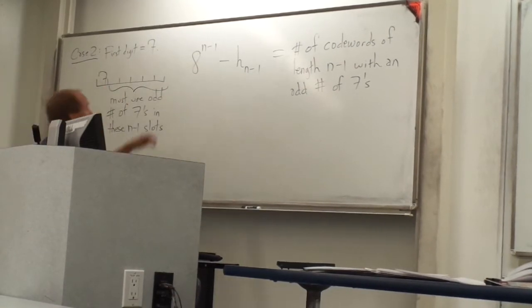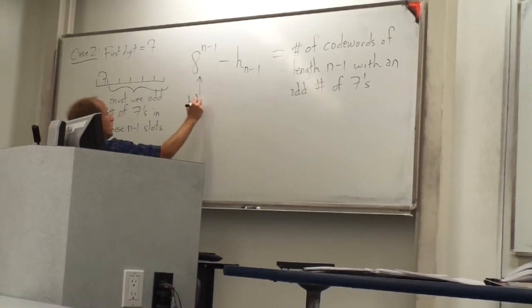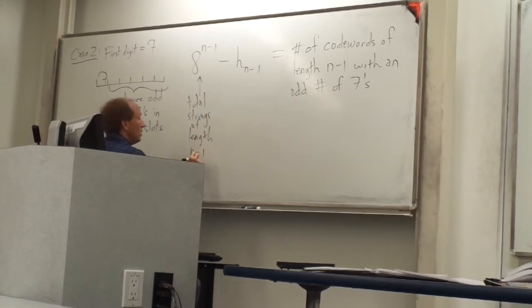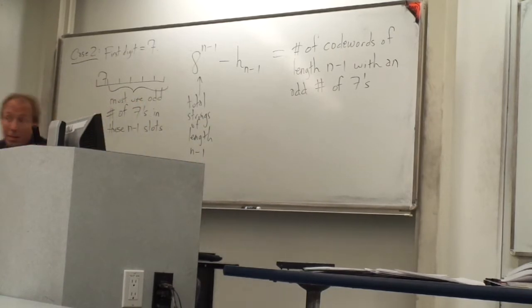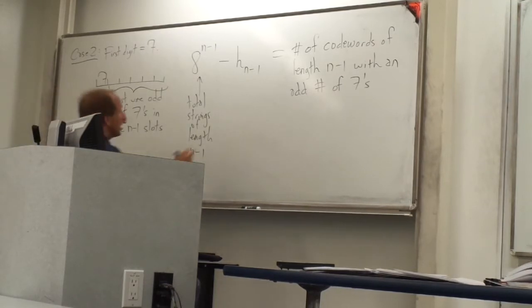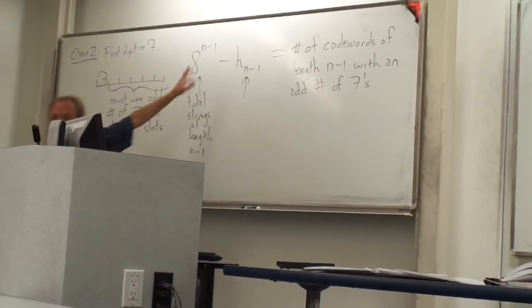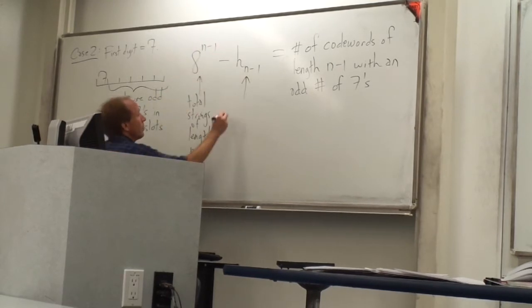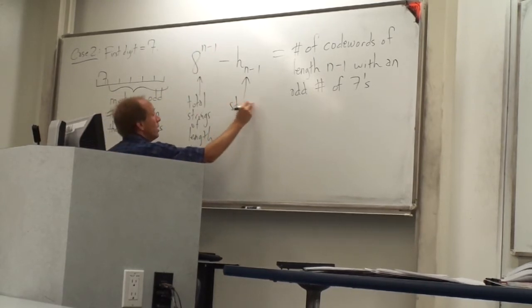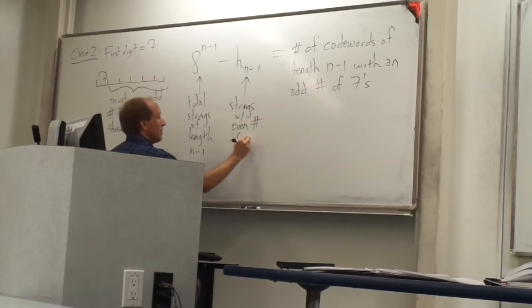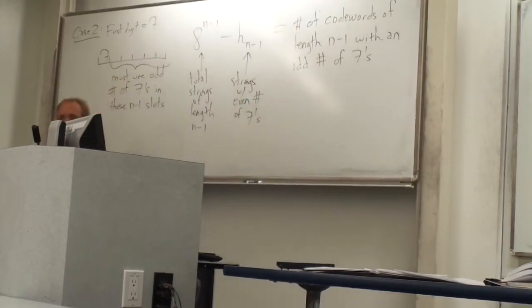Because this is just the total strings of length n minus 1. Guys, you can't just completely forget about the counting stuff for this material. You've got to still be able to do some of these things, even though this test is more focused on the later material. The h sub n minus 1 is strings with an even number of 7s, and that leaves you with the strings with an odd number of 7s.